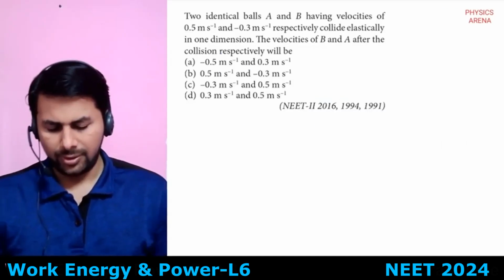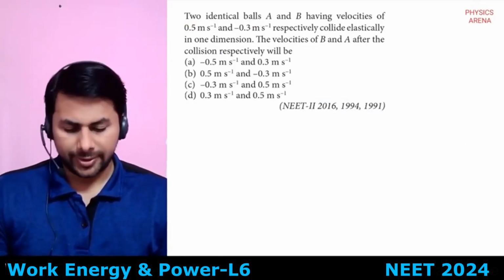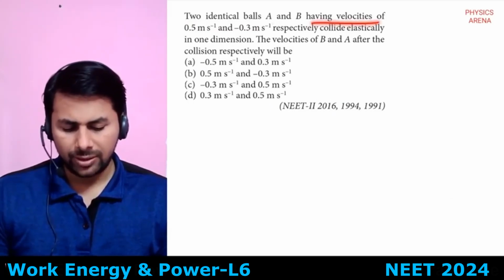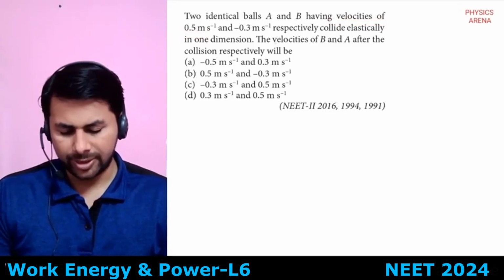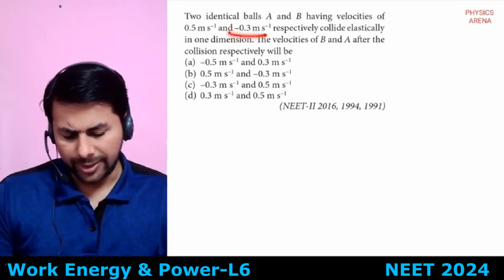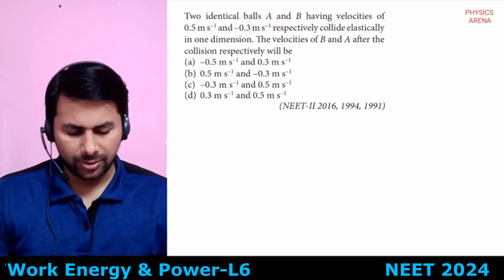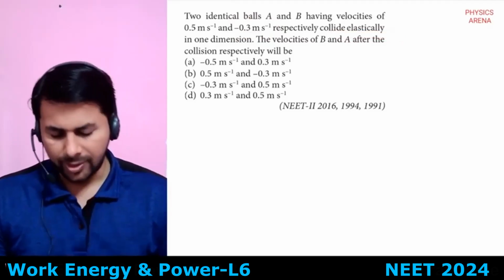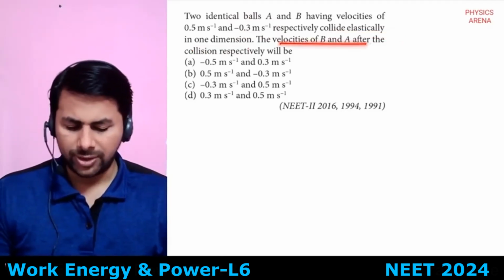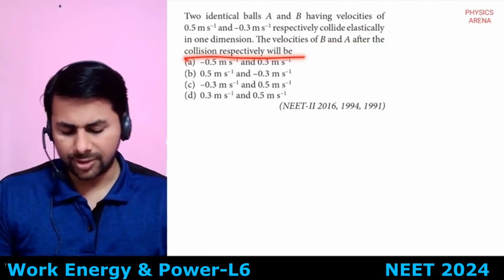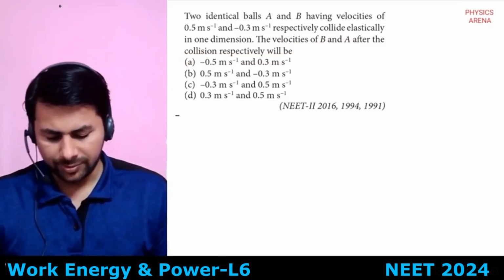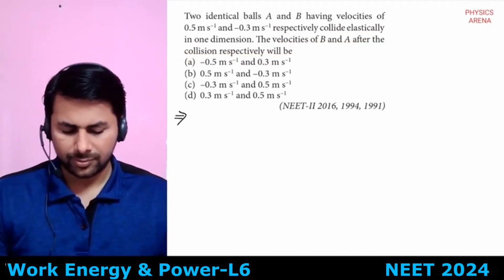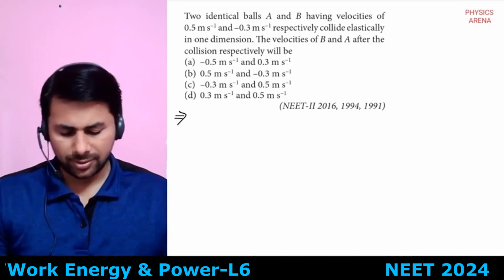Next question. Two identical balls, A and B, having velocities of 0.5 meters per second and minus 3 meters per second respectively, collide elastically in one dimension. The velocities of B and A after the collision respectively will be. Tell me. This one you have to tell.